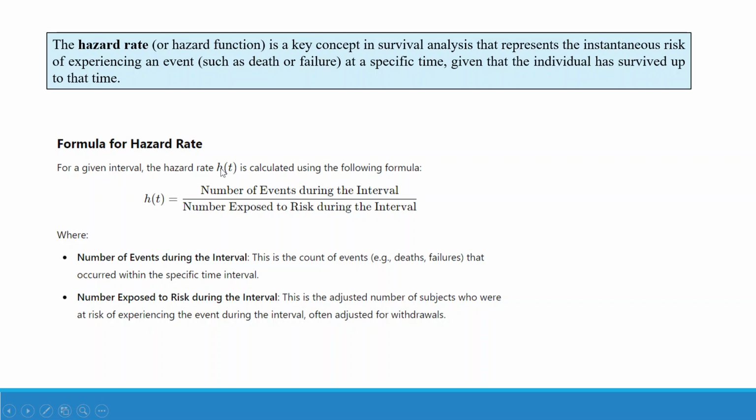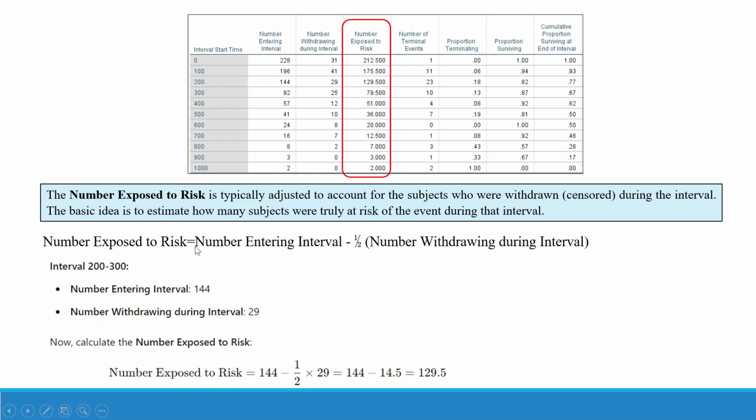For a given interval, the hazard rate h(t) is equal to the number of events during the interval divided by the number exposed to risk during the interval, where number of events during this interval is the count of events that occurred within the specific time interval. Number exposed to risk during the interval, this we have already seen.